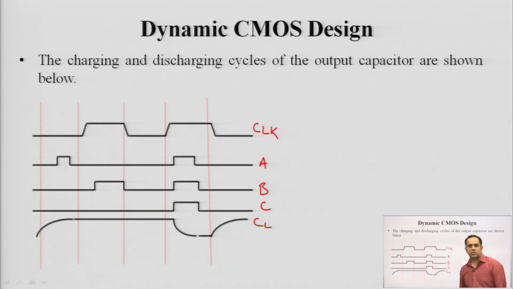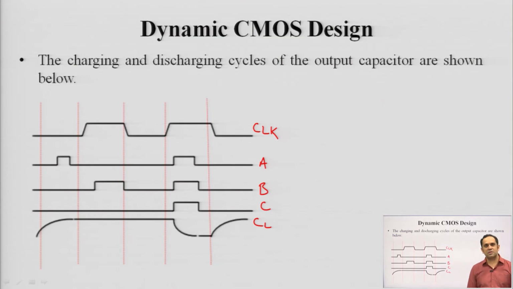The first signal here denotes your clock alternatingly going low and high. This is input A, which can either be 0 or 1, same for B and C. At different instants of time your inputs are either 0 or 1, and CL represents your capacitor.